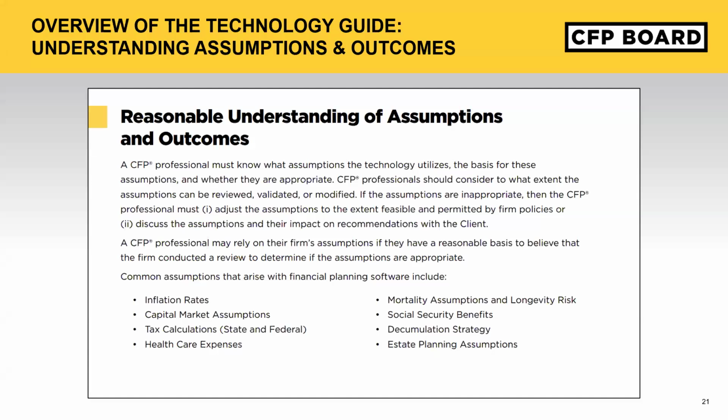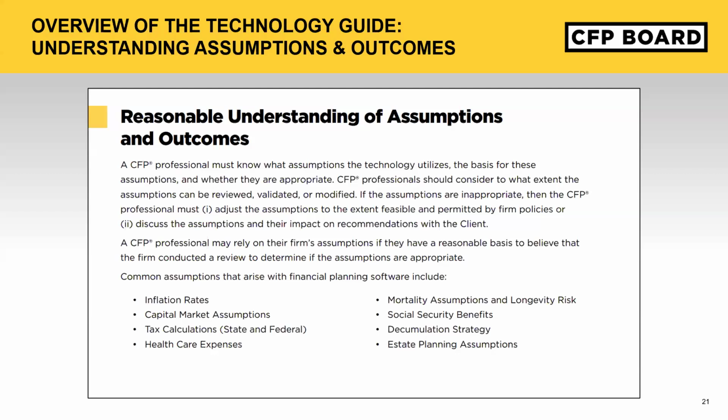In general, around expectations, we often suggest to firms and planners that they have some flexibility around adjusting those assumptions so that you and your clients can be aligned in the approach that's being taken to doing financial planning.